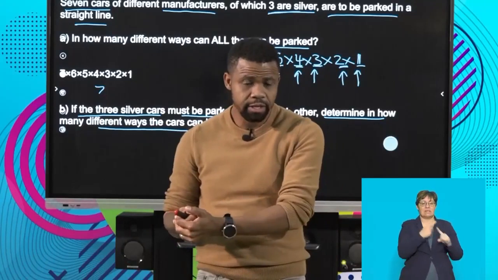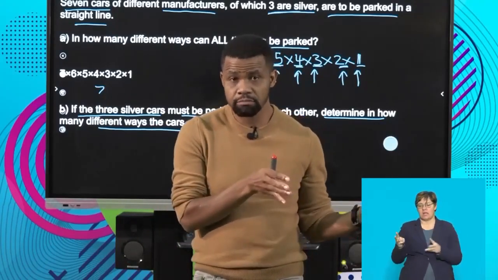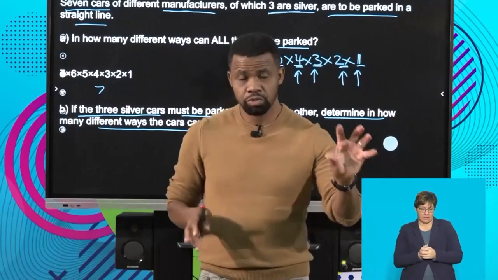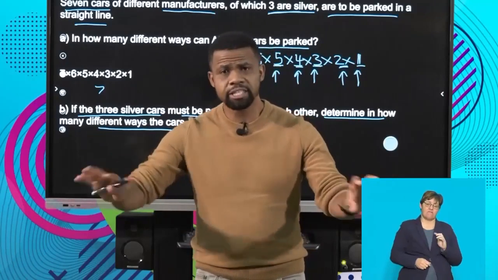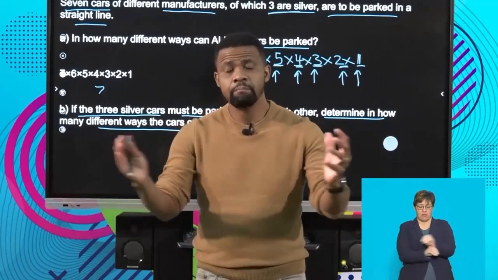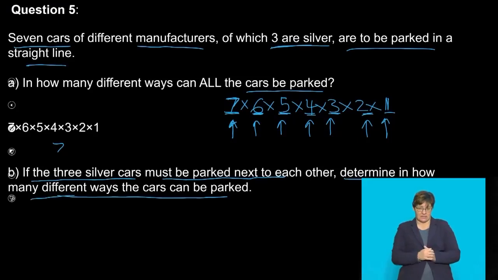Are we together? So we're going to look at how many ways we can park the 3 silver cars, and the other 4 cars, and then multiply that. Then that will give us how many different ways the cars can be parked.